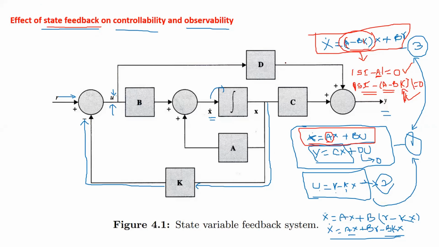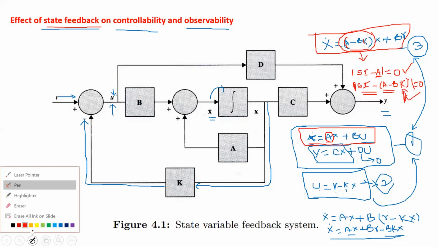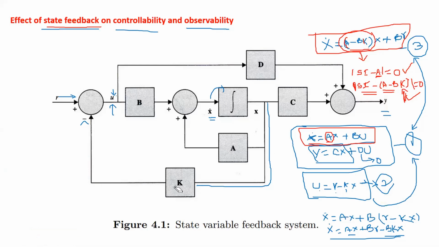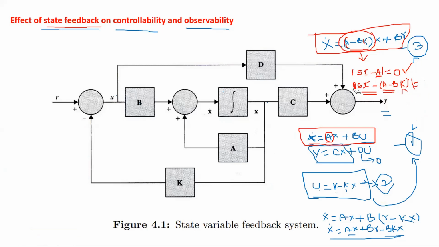Before adding the K value and after adding the K value, what would be the changes? That is what we are going to explain in the next slide. I hope you understand. This is the most important concept. Before and after addition of state feedback, what are the appropriate changes in the equation, as well as how controllability and observability can be changed.